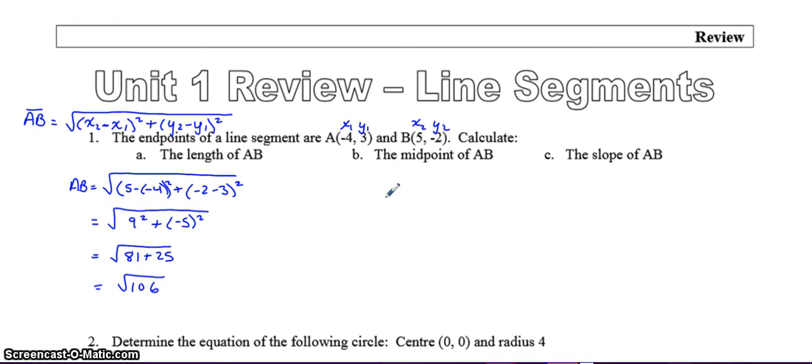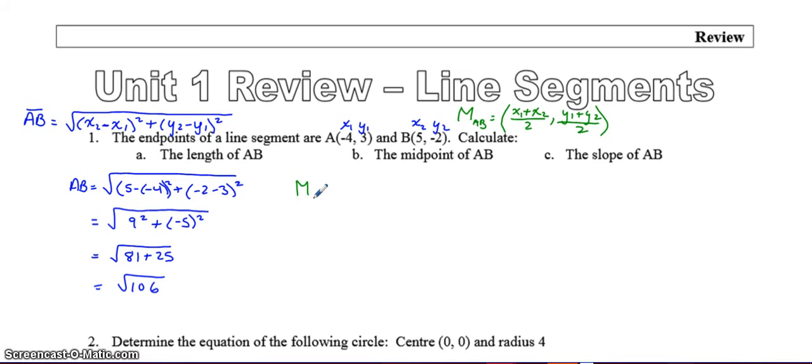Now for midpoint, the midpoint formula, you would use a capital M for midpoint and then a little subscript AB. And that is a coordinate, so you need brackets around it. So the x-coordinate is x1 plus x2 over 2, so we're averaging the x-coordinates, and then y1 plus y2 over 2, average the y-coordinates.